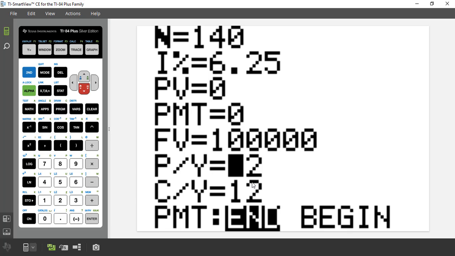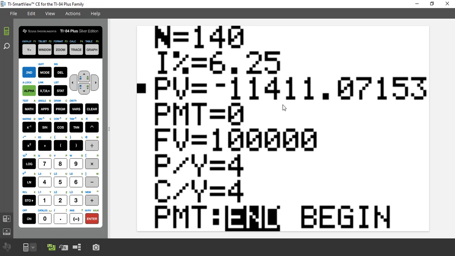Since compounded quarterly, therefore, here's a 4. This is a 4. Then we move back to this PV, present value. We do alpha, enter. We got this number. That will be $11,411.07.